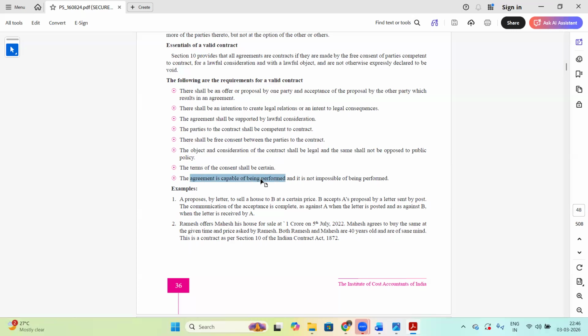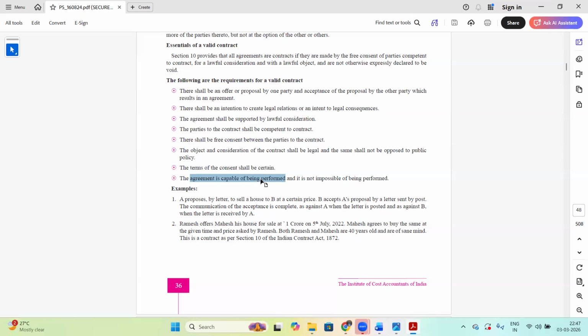So, we know what the elements for a valid contract are. But the most important thing is to know where to answer these points. So, let us think of a question where this is the answer. One can be, what are the essential elements of a valid contract? So, you can answer all these points.